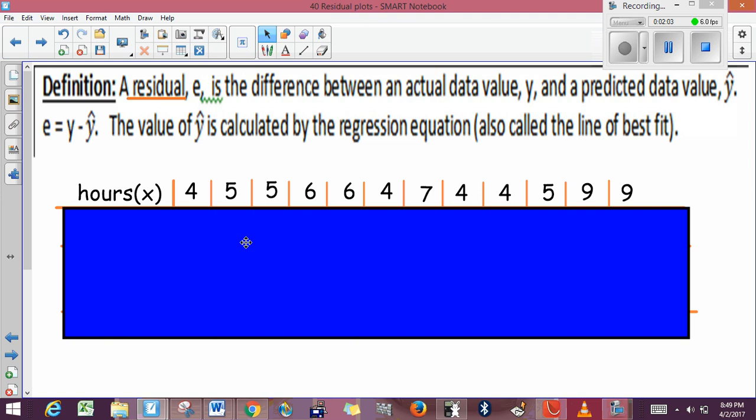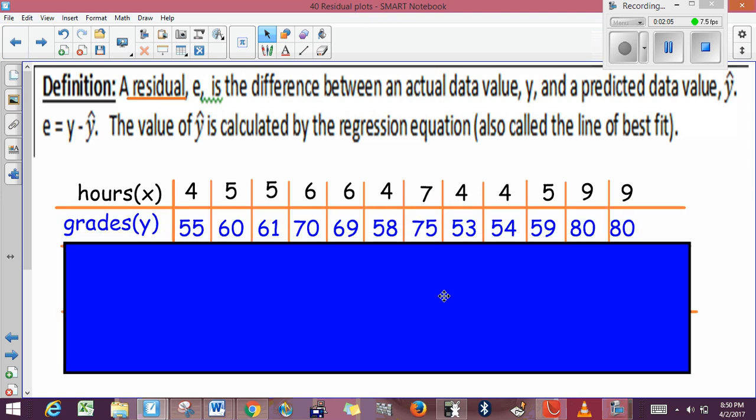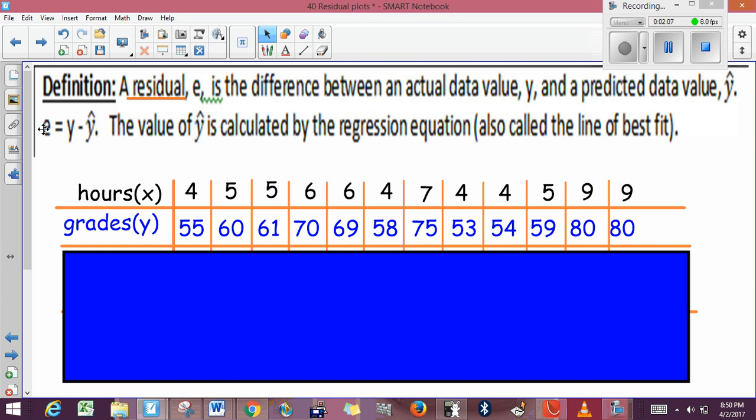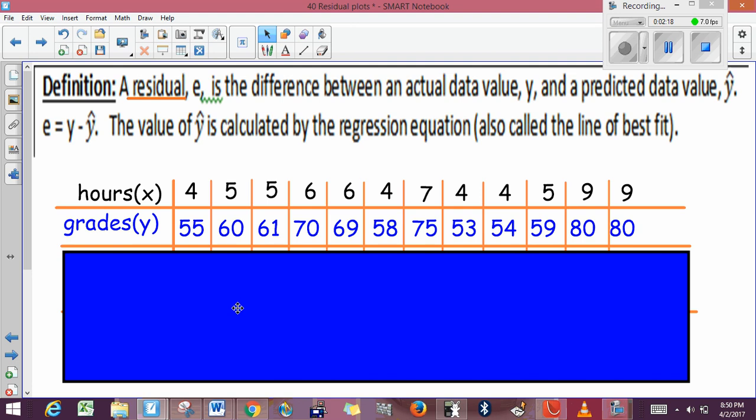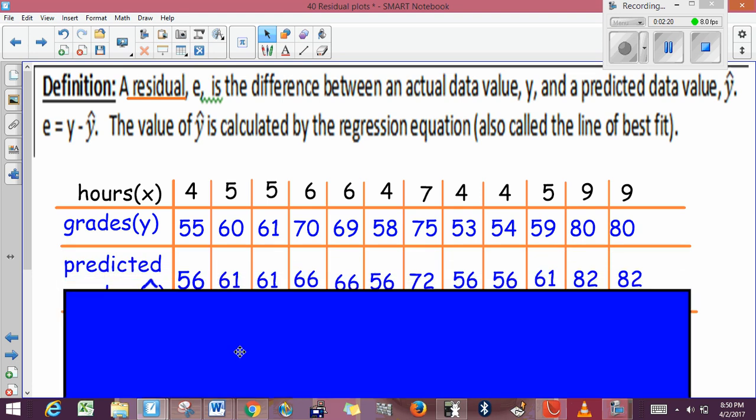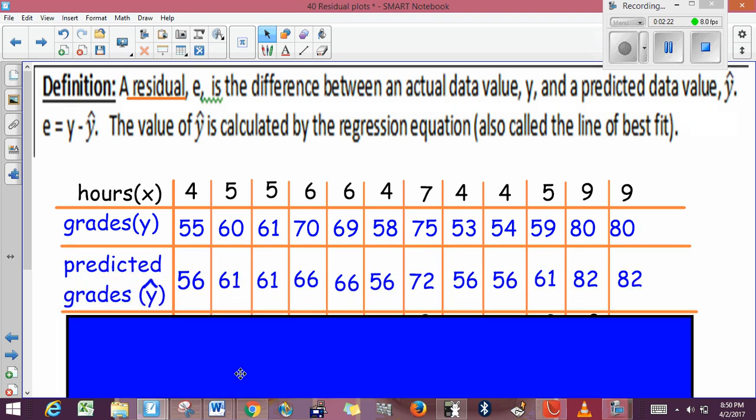So what we have here are the hours and the grades, which is basically a copy of what we had here. But now, according to this equation, we also have predicted values. So these are the predicted values.